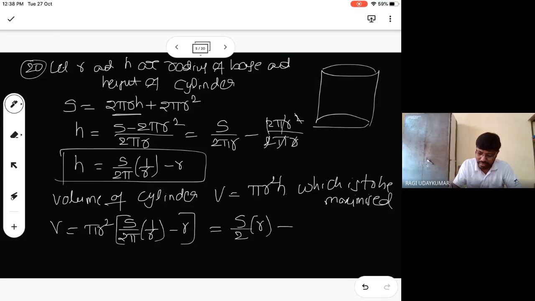Now r is the variable. You observe that r is the variable, so with respect to r you need to differentiate this. I am going to write this V value again on the next page, which is useful.